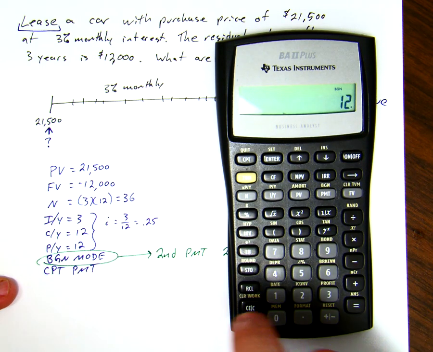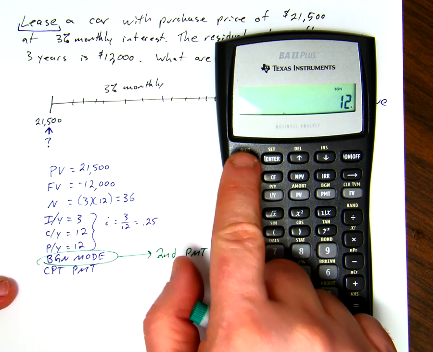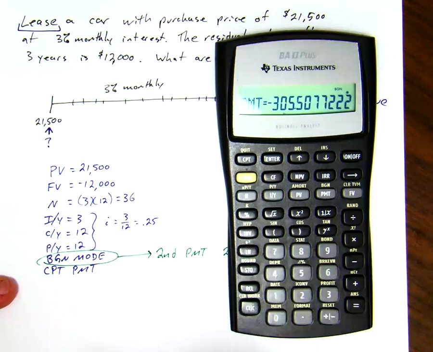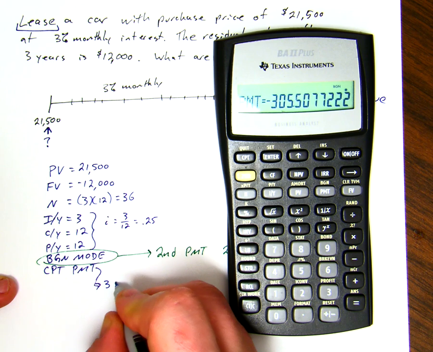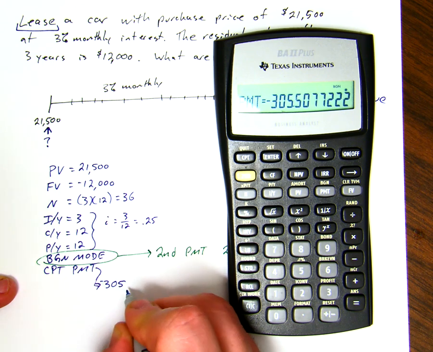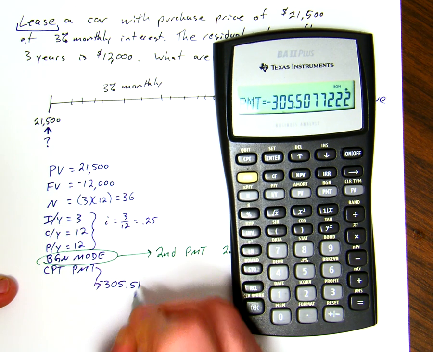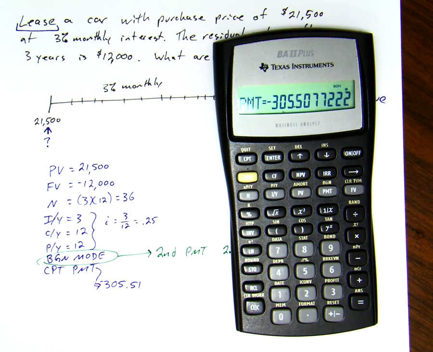And I can see that I'm in begin mode, and now I'm going to compute the payment, and this is going to be negative $305.51. So $305.51 is what we're going to pay.